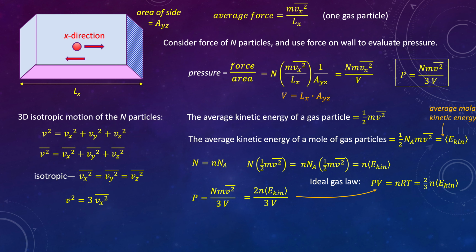And I can rearrange this equation now a little bit, multiply both sides by 3/2, and what I'll end up with is that the average molar kinetic energy is 3/2 times R times temperature. Notice I've canceled the number of moles on both sides because it appears on both sides of the equation before that.